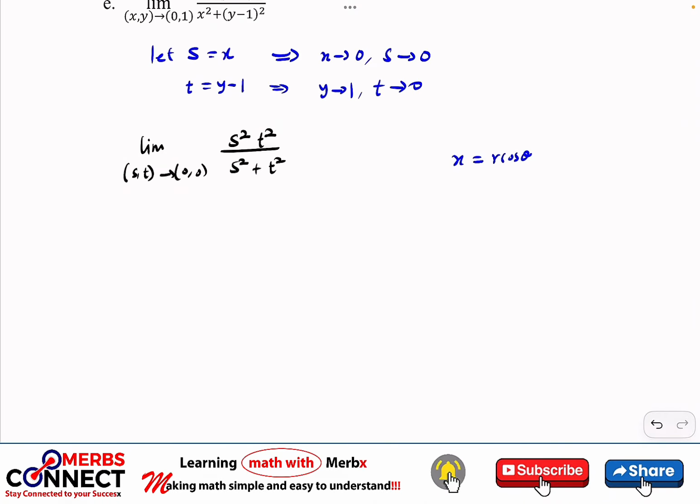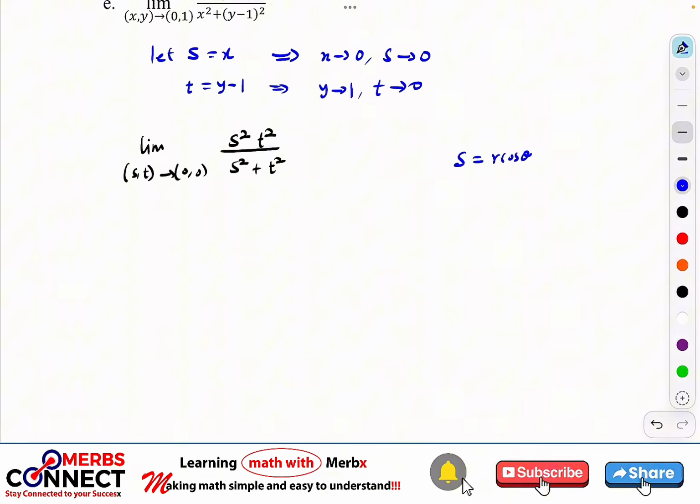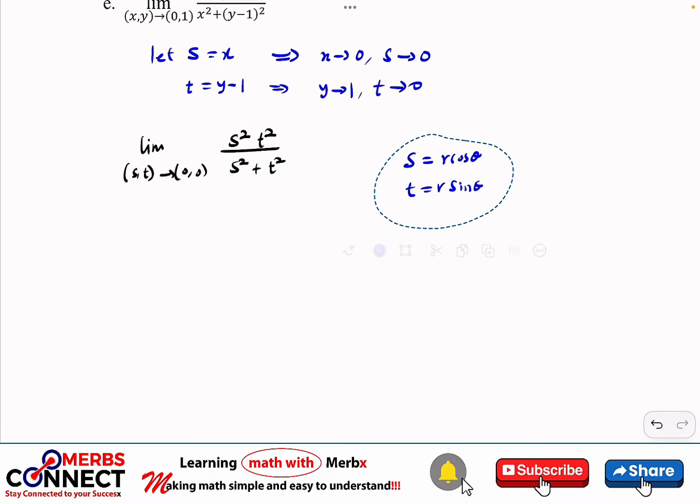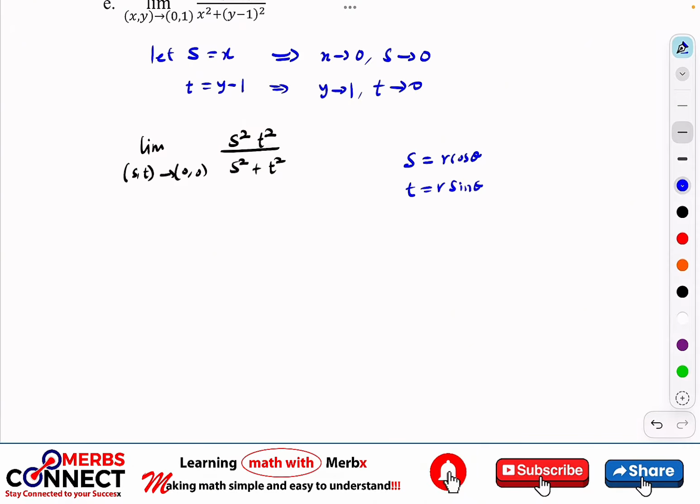So x here is going with s, so this guy changes to s. And then y is equal to r sine theta, and y is going with t, so this one changes to t. So it means that, remember, x squared plus y squared is equal to r squared. So this is going to be s squared plus t squared is equal to r squared. So that's what we are going to get from here.